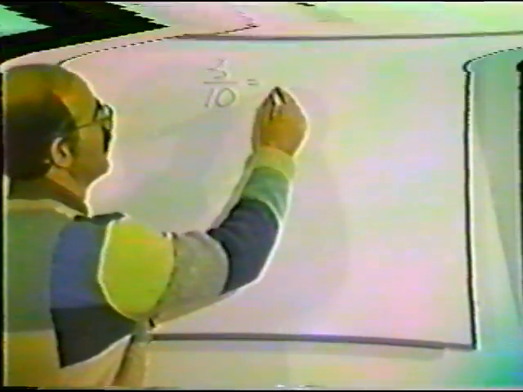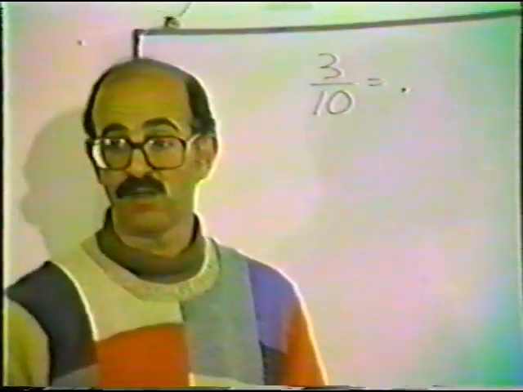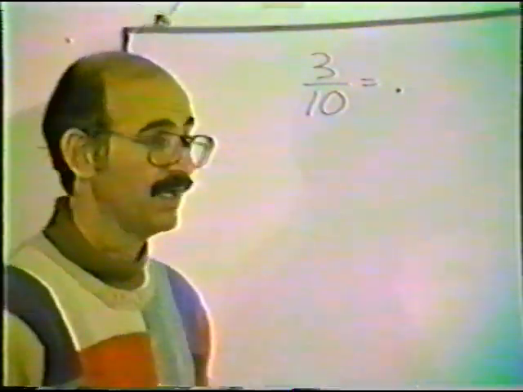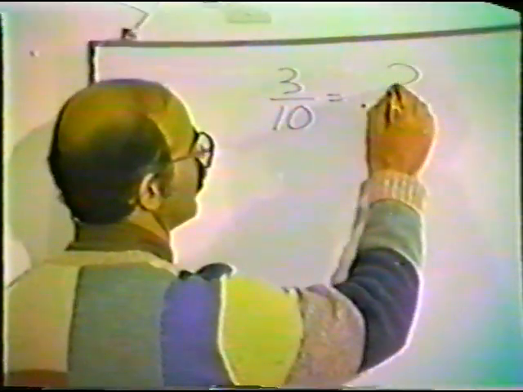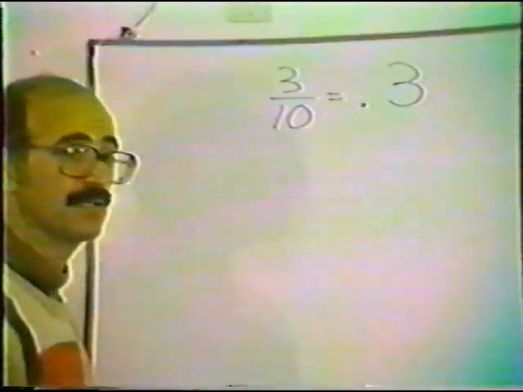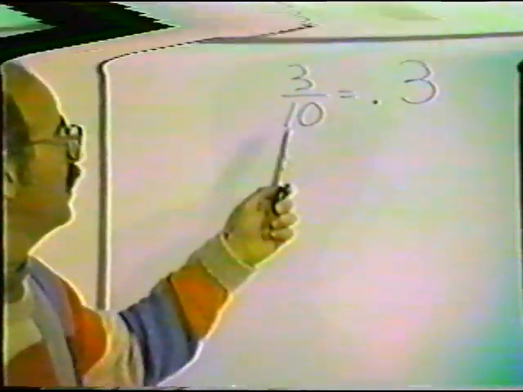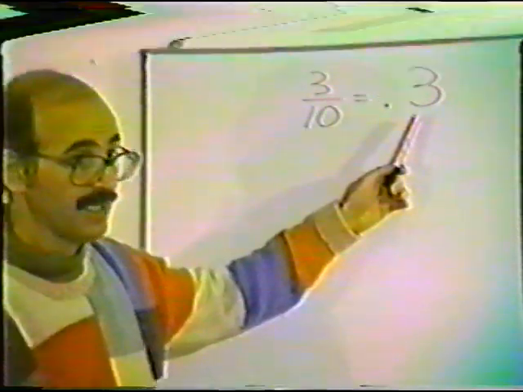How many places after the decimal point do I need to fill for tenths? 1. So I can put the 3 right there in the first place because we know that that is the tenths place. This is read 3 tenths, and this is read 3 tenths.